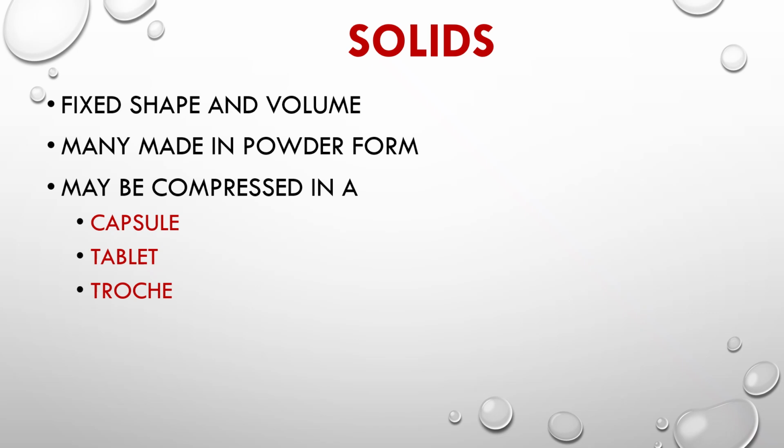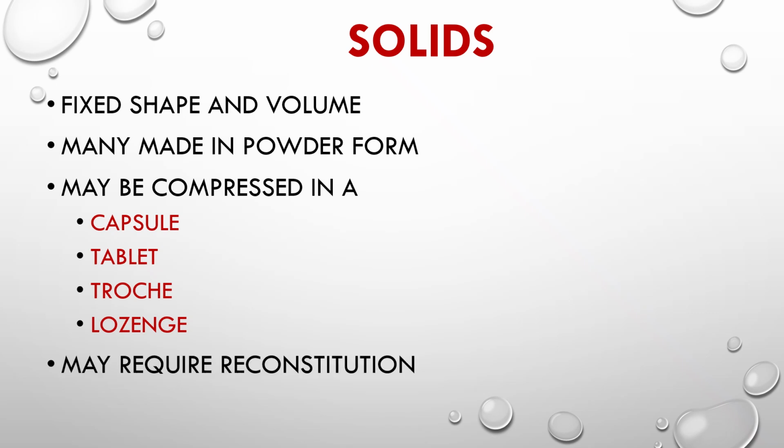A troche actually kind of looks like a lozenge, which is one of our other ones here, so like a cough drop or something. The troche is not quite as hard as what the lozenge is. And a lot of times these may require reconstitution, which is adding the liquid to the solid to change it from a solid form to a liquid form.